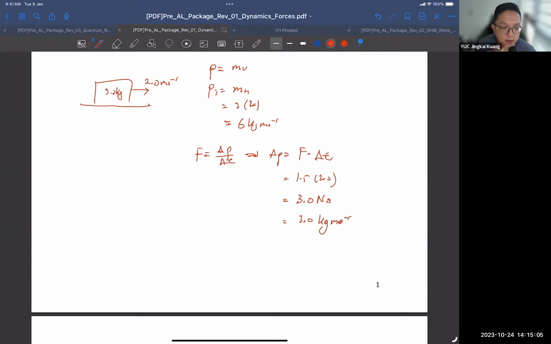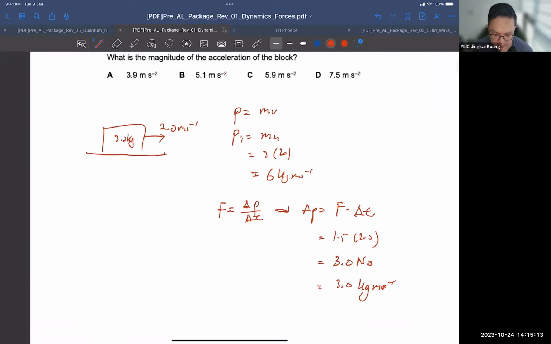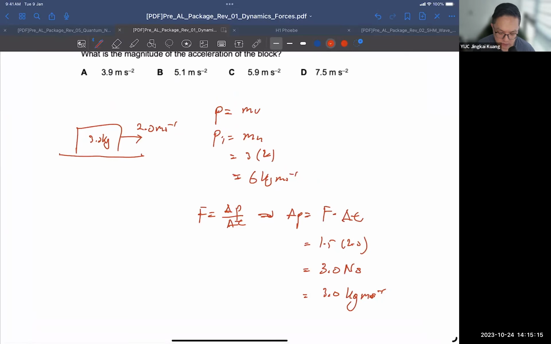Okay, so the difficulty in this question is that right now, you can see that the direction of the force is not defined yet lah. This extra 1.5 Newton force, how is it deployed with regard to your block? Say for example, it can be this way, it can be this way, it can be this way. We have no idea yet. All right, so there is a range of answers that are possible as well.